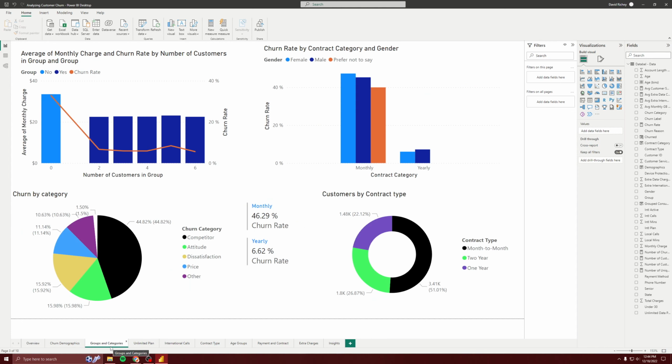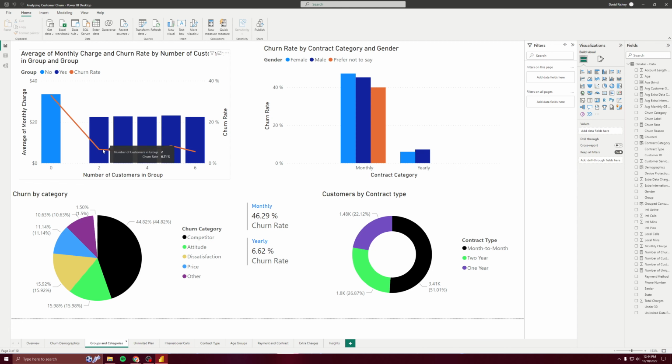Next page is the groups and categories. So average monthly charge and churn rate by number of customers in the group and the group. So it's no group. I don't know what no and yes means.